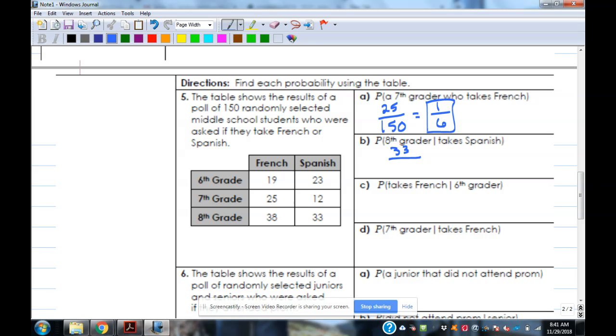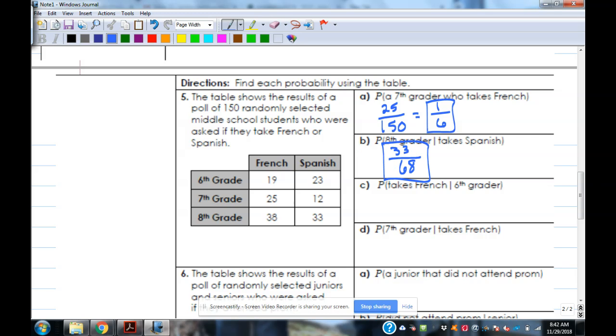If it just said what's the probability of picking someone who takes Spanish given that they're in 8th grade, then you do add up the 8th grades. But here we're taking 8th graders given that they take Spanish. We know they're in Spanish class. So 33 out of 45, 68. And that doesn't reduce. 33 and 68 don't have anything in common.